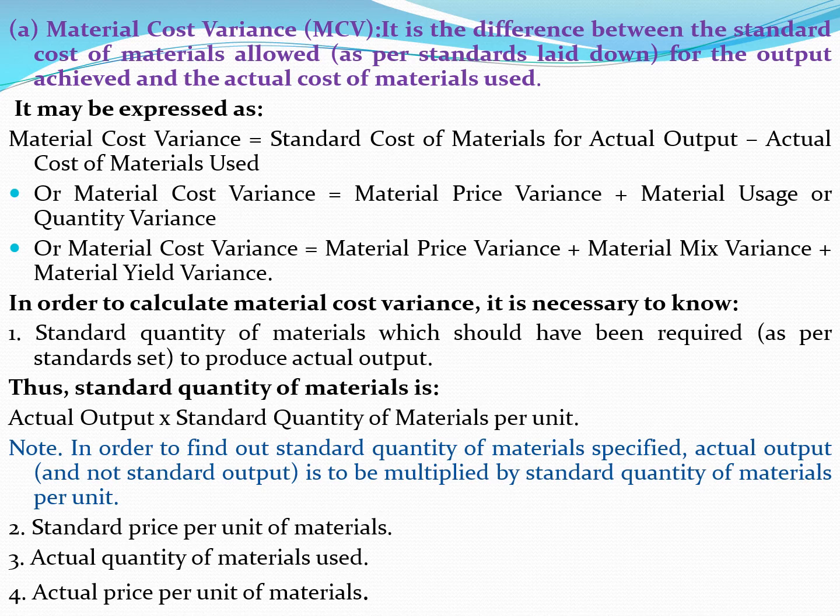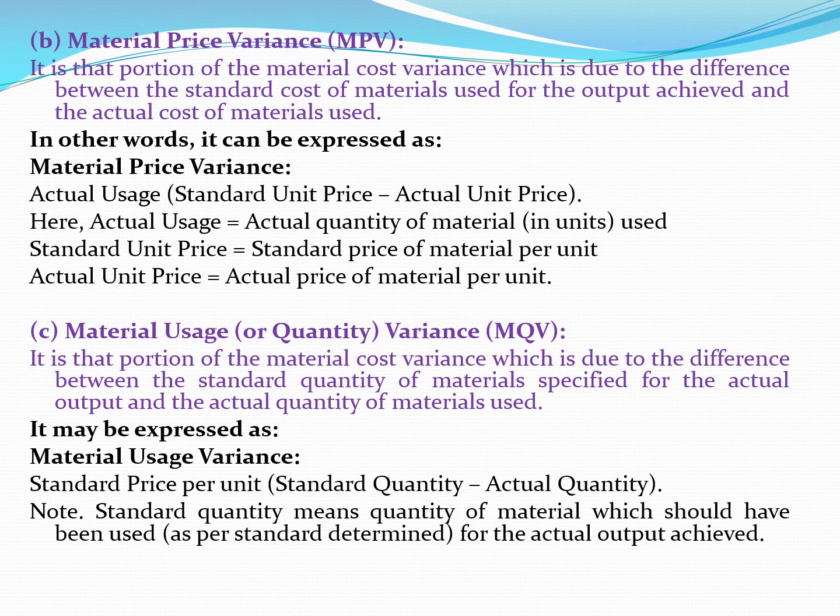Next, what we require is standard price per unit of materials, actual quantity of materials used, and the actual price per unit of materials.